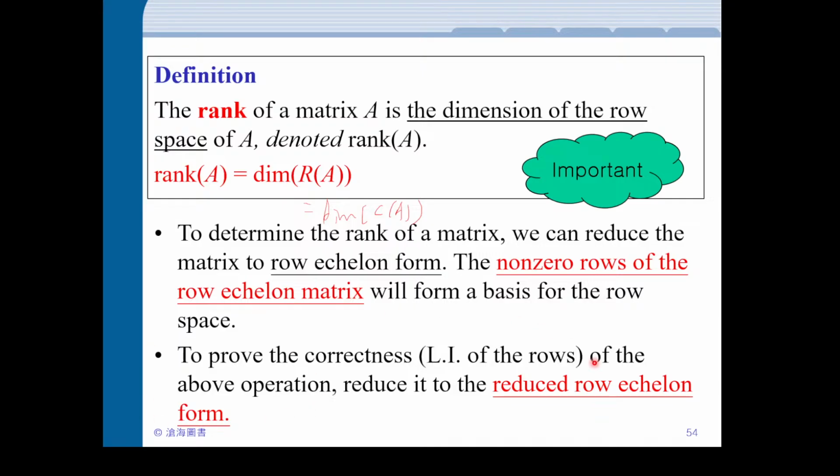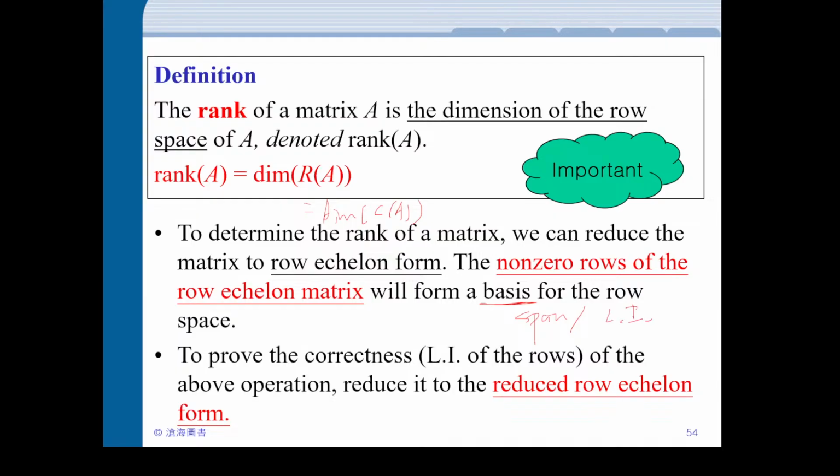If you want to prove that this is correct, you want to prove that the non-zero rows are actually a basis for your row space. Remember, to be a basis you need to prove two things: that those vectors span your space and are linearly independent.